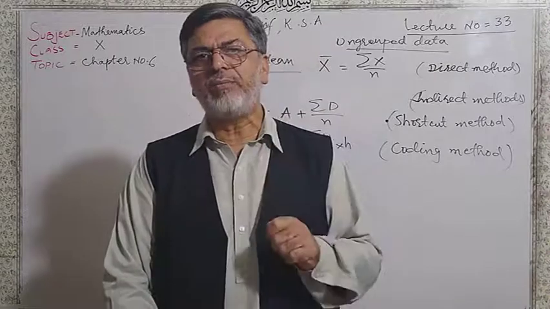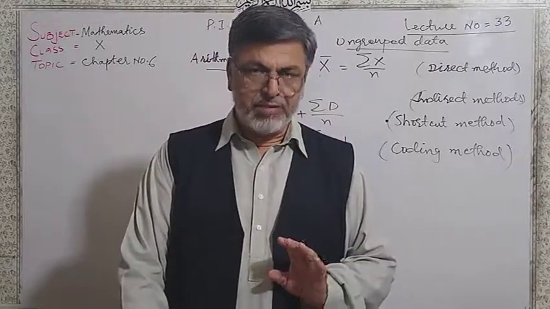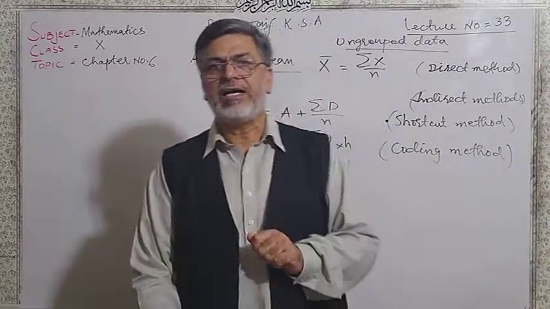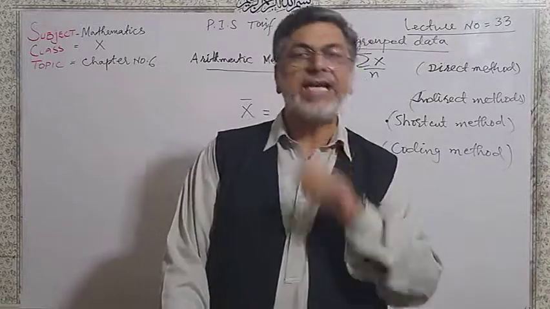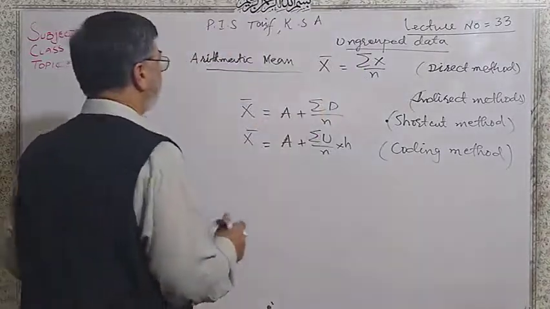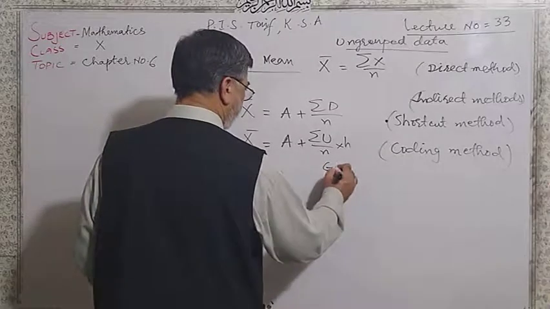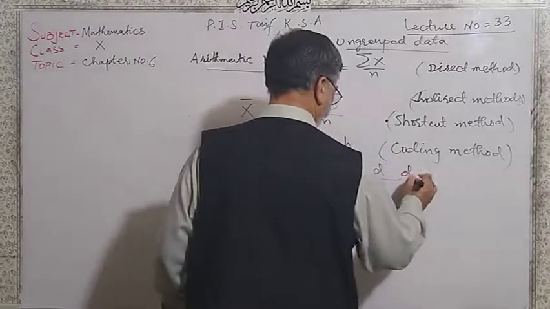In case of ungrouped data, simply x values will be given. But in case of group data, you will be given class intervals or groups, and secondly frequency. So in this way, you will apply the formula for grouped data.